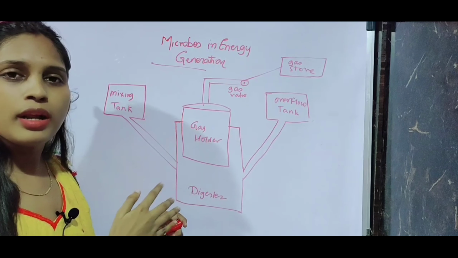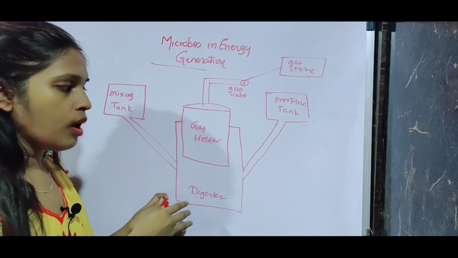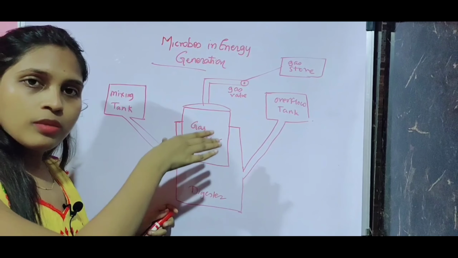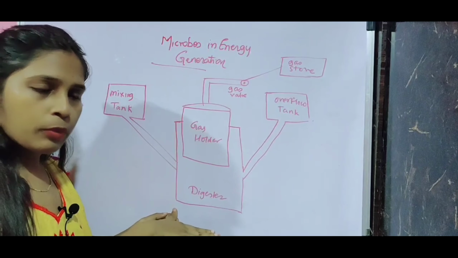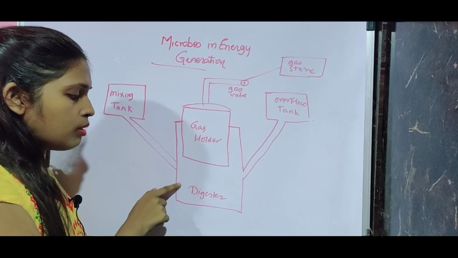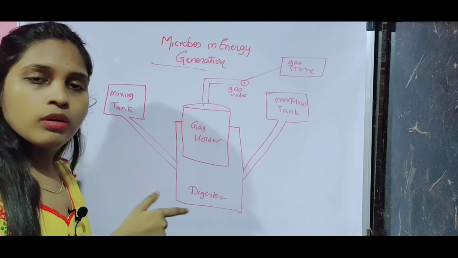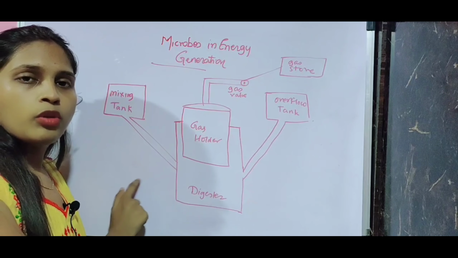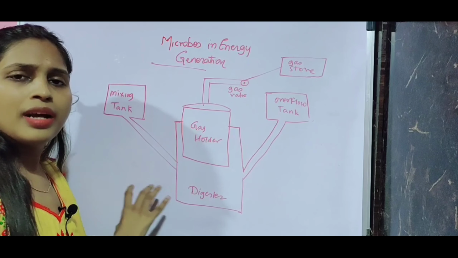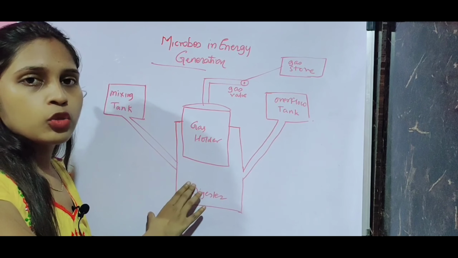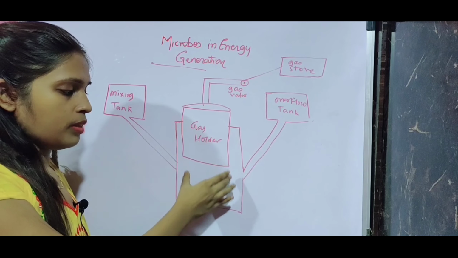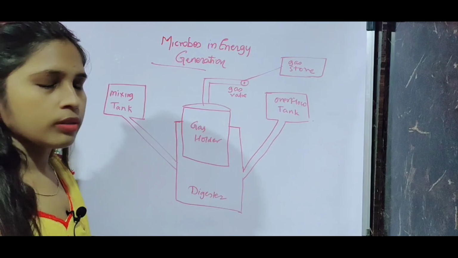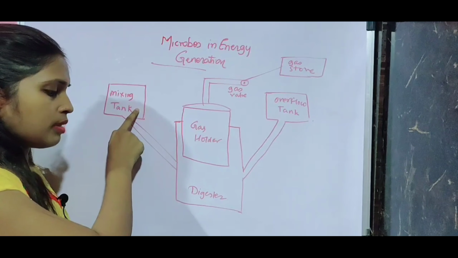That tank will be around 10 to 15 or 12 foot, and it will always be dug inside the ground. The reason why it is made of brick or concrete is so that the ground bacteria, ground pathogens or anything from the soil will not be mixed with the things available inside the digester.